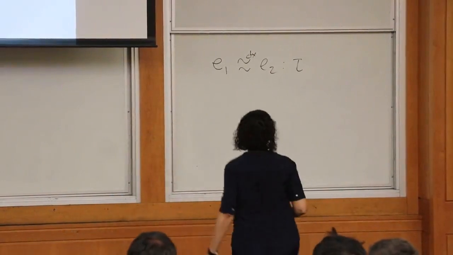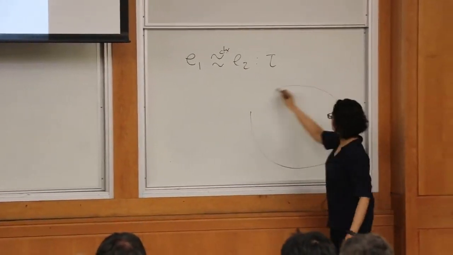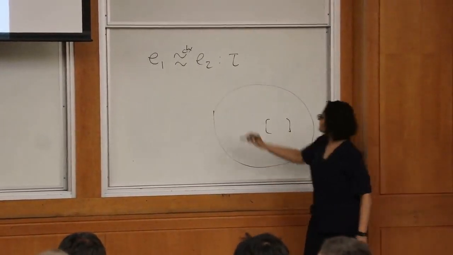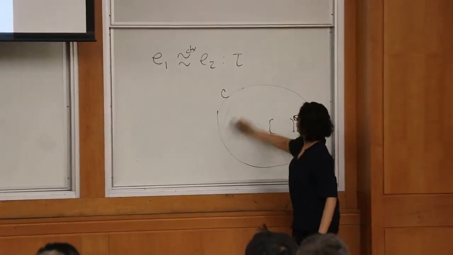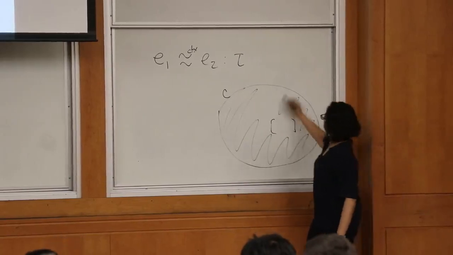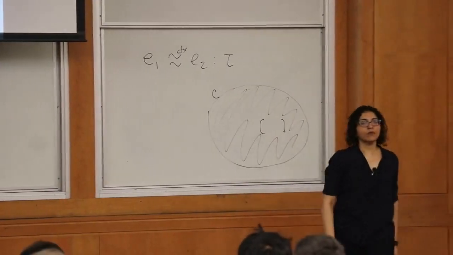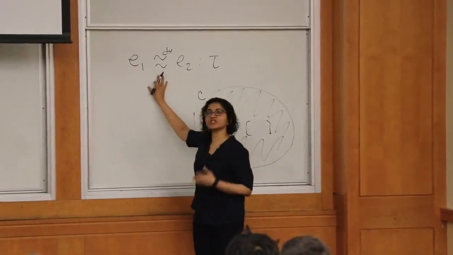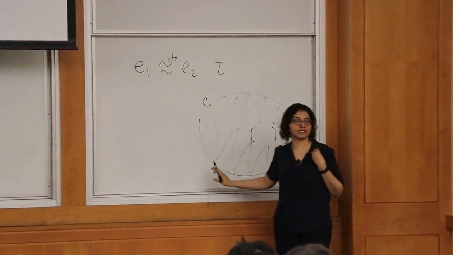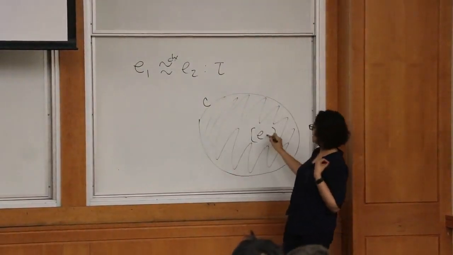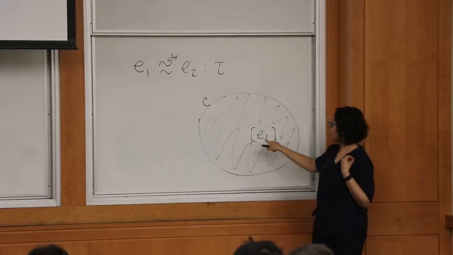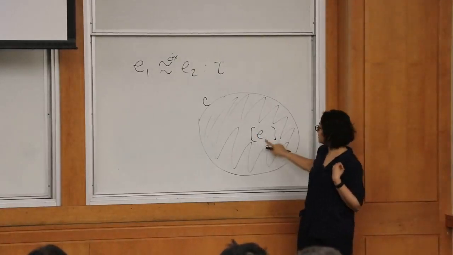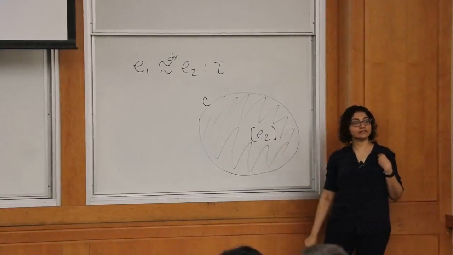And what I have in mind is that if I have a whole program with a single hole in it, think of this whole thing as a program context. What I have in mind for this general notion of equivalence for my language is that given any program context that I can put E1 into, if I run the program with E1 in that hole, then I get the same observable behavior as if I run the program with E2 in the hole instead.